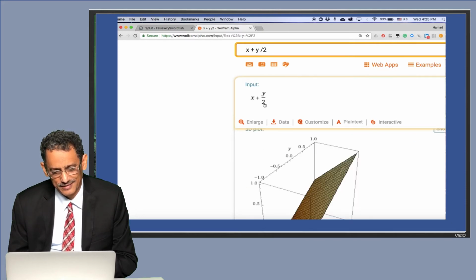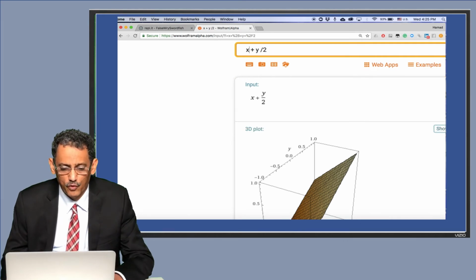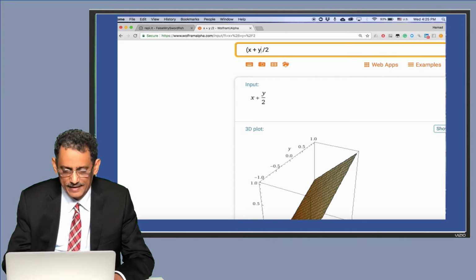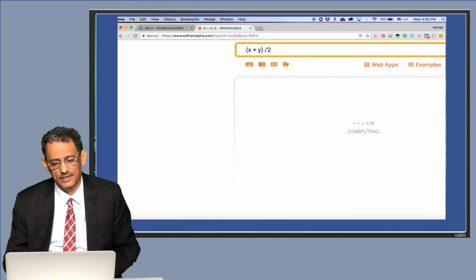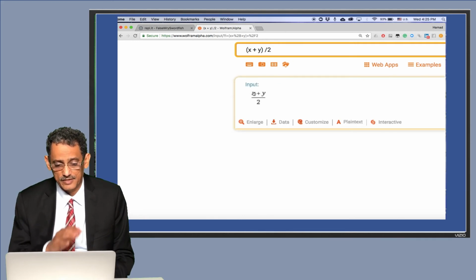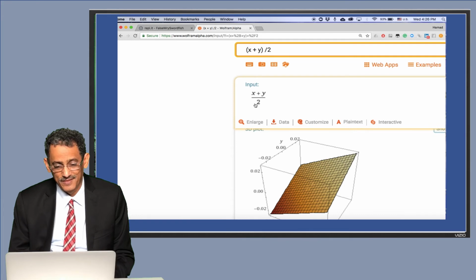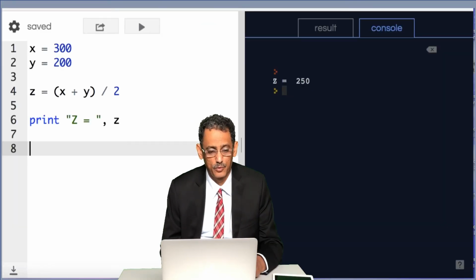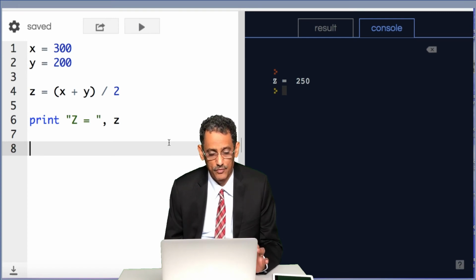But if I force it by using brackets here, you will have a different formula, with x plus y on top, and then the total divided by 2. So that's the importance of the sequence of operation or calculation.